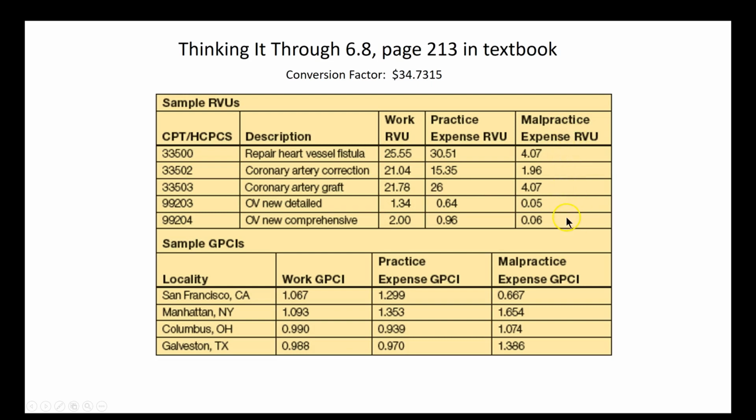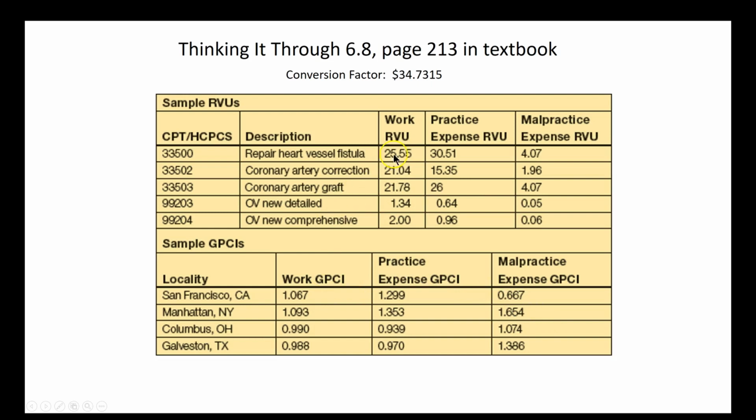expense relative value unit. Now, based on the locations, we have 4 different locations here: San Francisco, Manhattan, New York, Columbus, Ohio, and Galveston, Texas. And here we are given the geographic index for each area for work, practice expense, and malpractice.